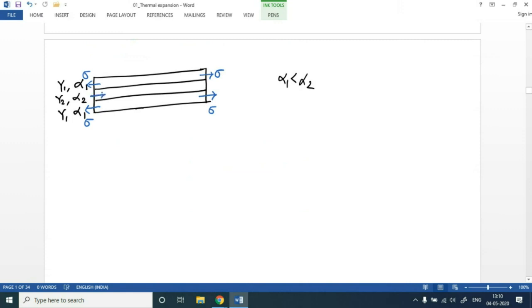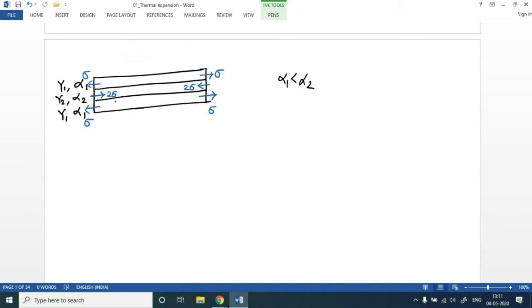The inner material will experience 2 sigma due to the upper and lower layers. So 2 sigma is the stress experienced by the inner material. Now you should realize that the outer materials are under elongative or tensile stress, but the inner sandwiched material is under compressive stress.